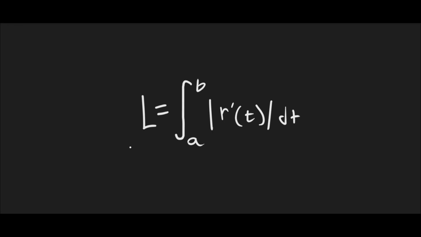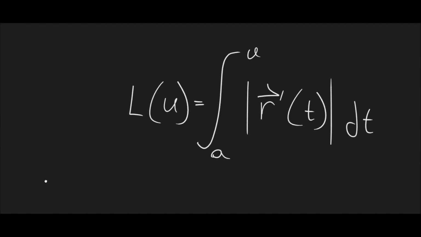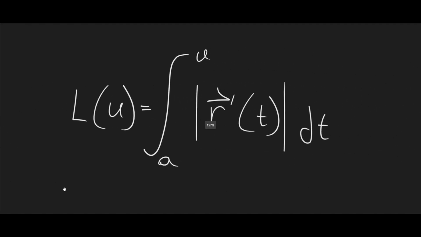So here we have the formula for the length of the curve, and this is going to be the integral from A to B of the magnitude of r prime. So the derivative of r, and you take the magnitude, and you take the integral from A to B. But you can also write this as a function of another parameter.